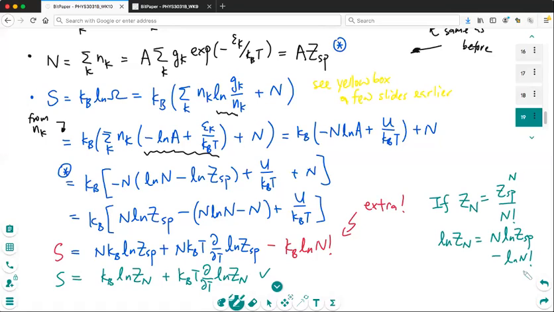I will show you it's really wrong if you do not include this n factorial. You cannot detect it in the internal energy, but you can detect it in entropy. Okay, and let's stop at this point first, and I will show you why this is wrong very soon using a concrete example.